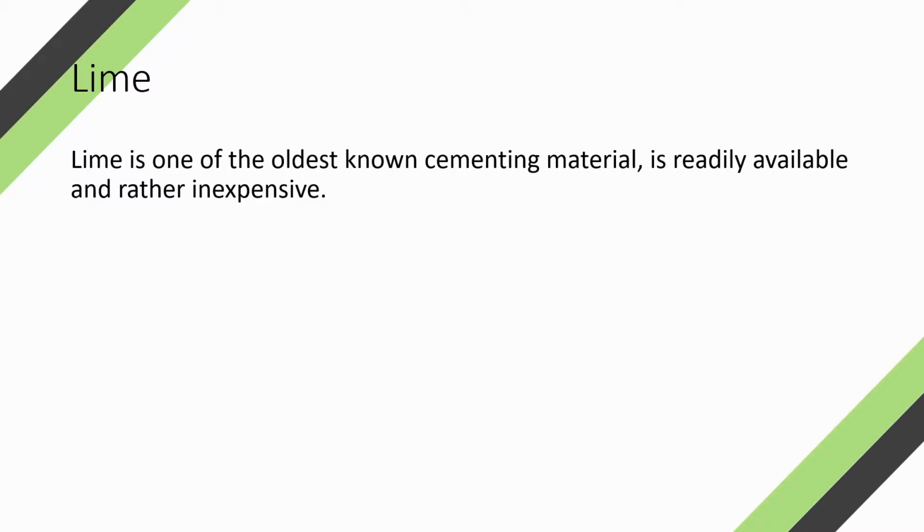So, it is produced by burning limestone in a vertical or rotary kiln at a temperature of 1,800 degrees Fahrenheit. So, that is 980 degrees Celsius kung i-convert natin. Around 980 degrees.